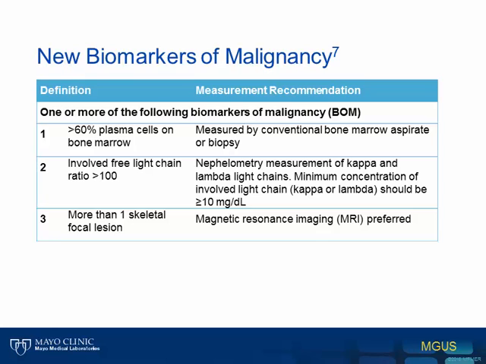The minimum concentration of involved light chain, kappa or lambda, should be greater than or equal to 10 milligrams per deciliter. It is the first time that the nephelometric measurement of free light chains is included in the diagnostic criteria. Third, having more than one skeletal focal lesion, with measurement by magnetic resonance imaging preferred.